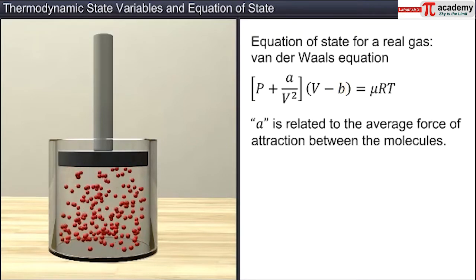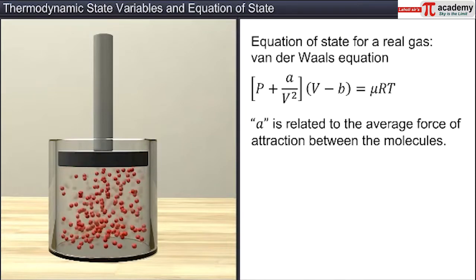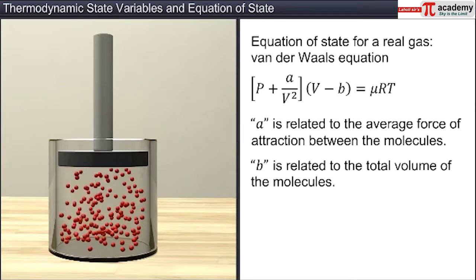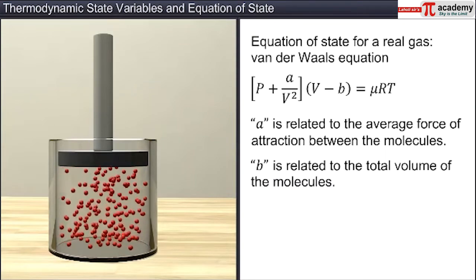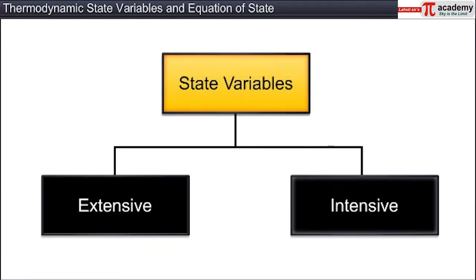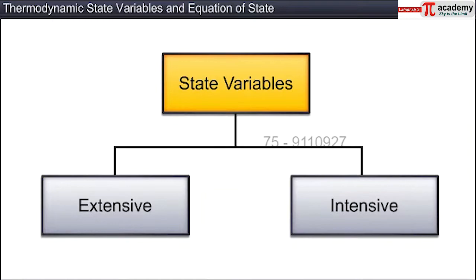The constant a is related to the average force of attraction between the molecules, and the constant b is related to the total volume of the molecules. The state variables discussed so far are of two types: extensive state variables and intensive state variables.